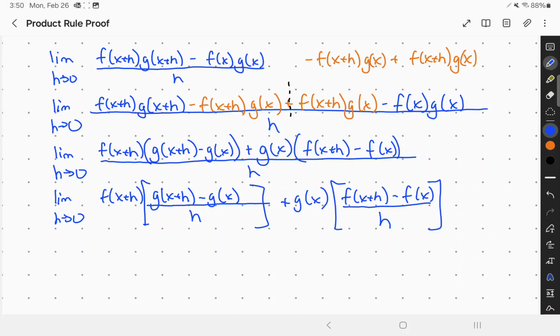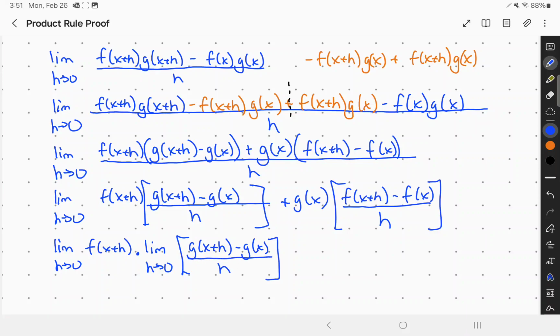So now the limit, as h goes to 0, we can apply this limit property throughout. So we'll get actually 4 separate limits. So we could say the limit as h goes to 0 of f of x plus h, times the limit as h goes to 0 of my square bracketed term, g of x plus h minus g of x over h, plus the limit as h goes to 0 of g of x, times the limit as h goes to 0 of f of x plus h minus f of x.